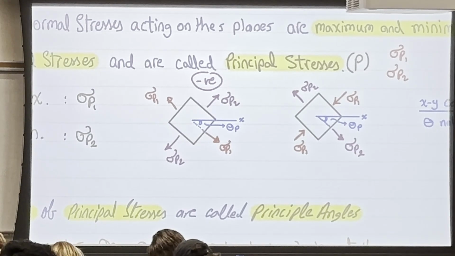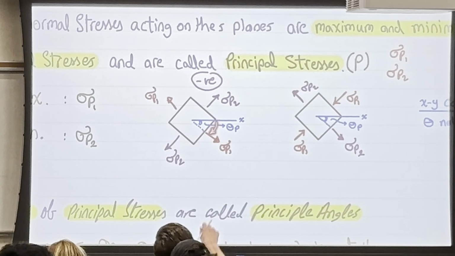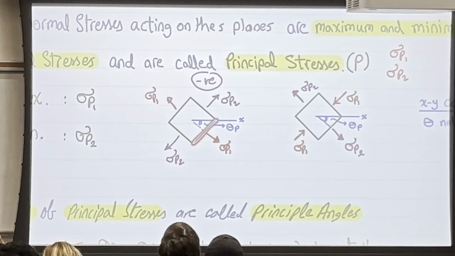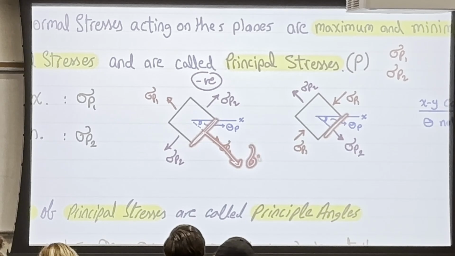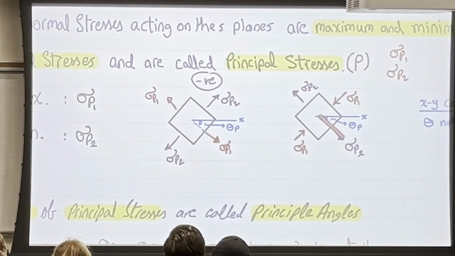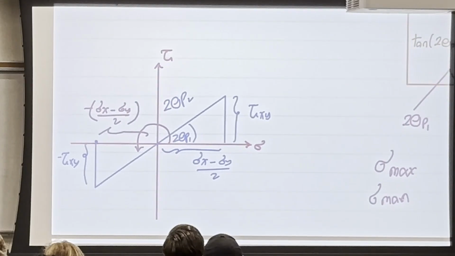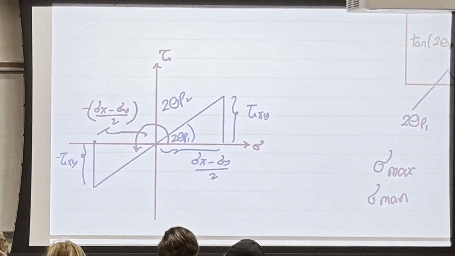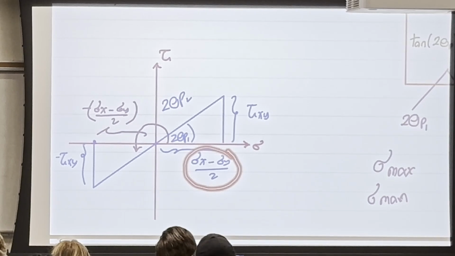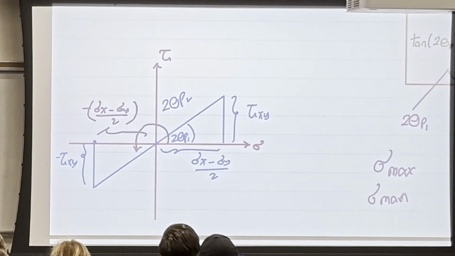Here comes another question. Okay, when I rotated theta P, is this plane gonna be sigma P1 or is it gonna be sigma P2? How am I going to figure this out? Going back to the triangle that we created, if I do have the sigma x minus sigma y over 2, if this one is positive, which is what you see here, the theta P that you got will take you from the x to sigma P1.